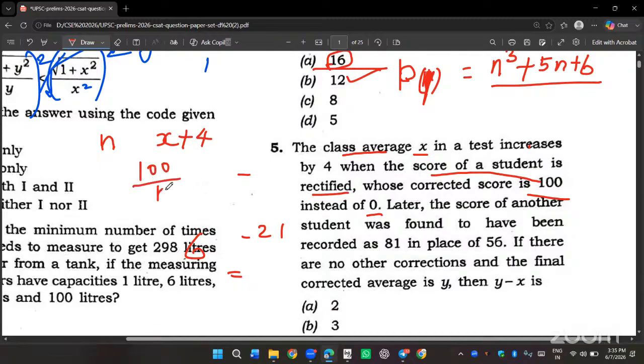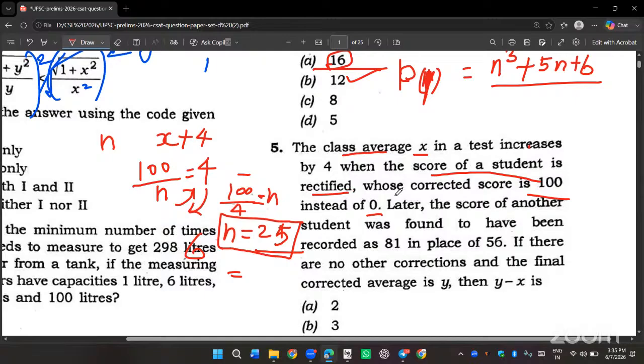When I divide this by n number of students, I get an average of 4. From this, take n this side, 4 that side. So you will get n is equal to 100 by 4, that is 25. n is equal to 25. It means 25 students are there.